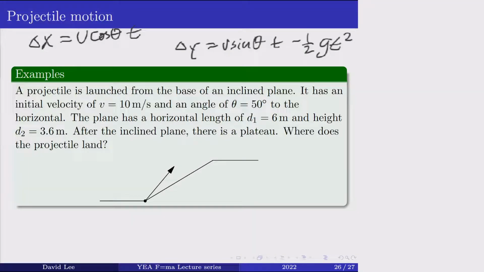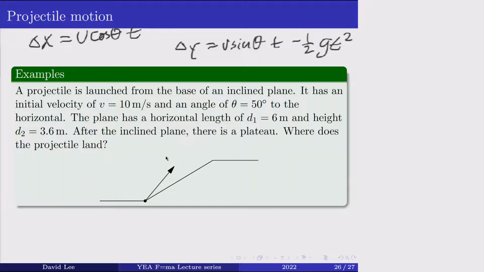Yes, that's basically correct. So what we want is that when it's in this area, over here, that's basically when it's in the inclined plane section, right?